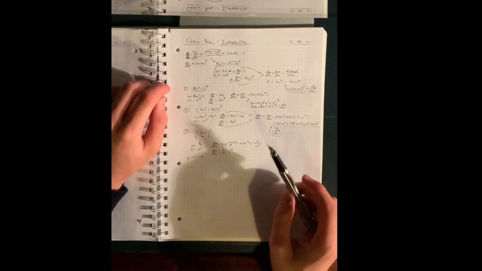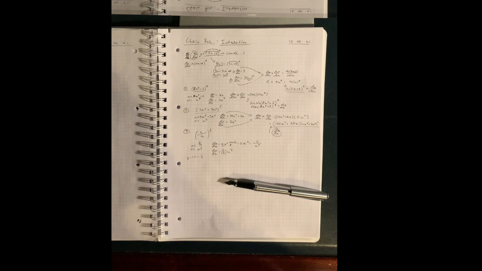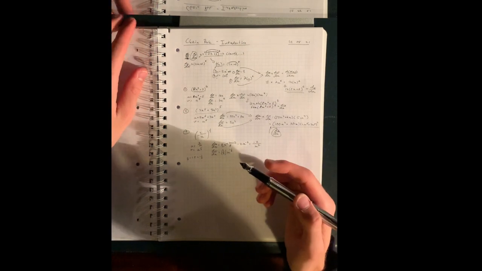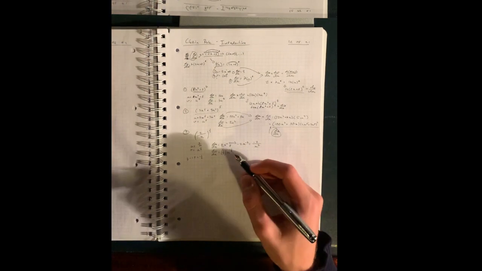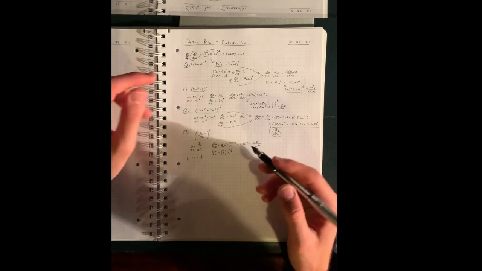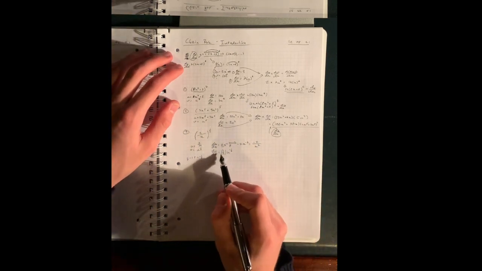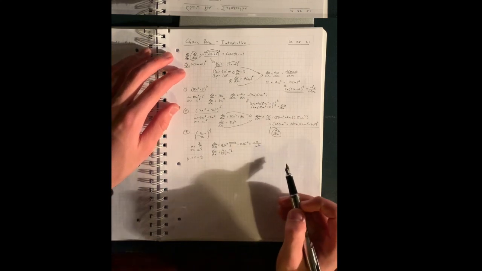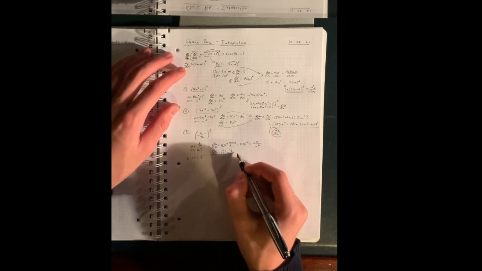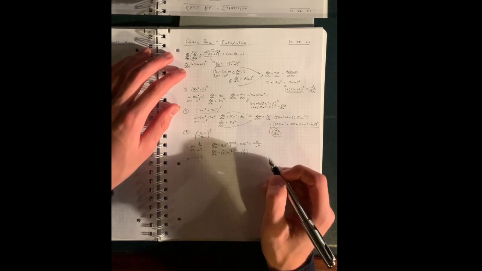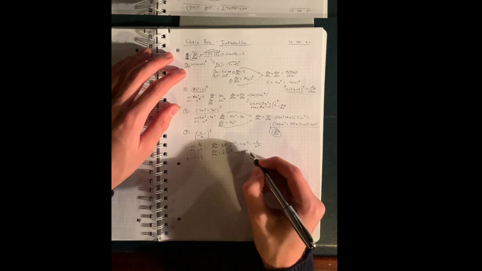But when we're differentiating in terms of roots, it is common practice to turn them into indices, because power rule is just such an easy thing to use. So this is going to be dv/du: 1 over 2 times u to the power of negative 1 over 2. And if you want this in terms of fractional form, then it's going to look something like this.